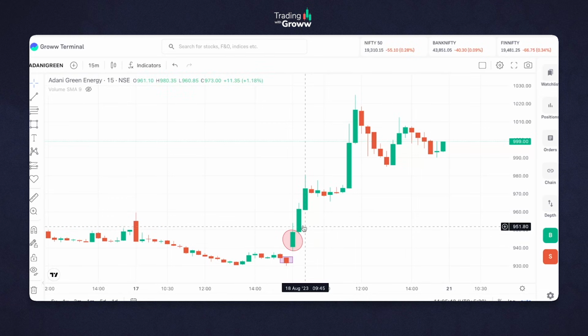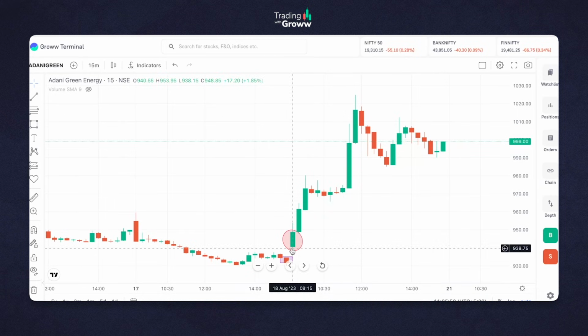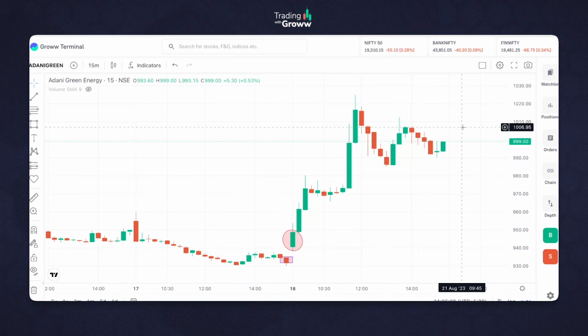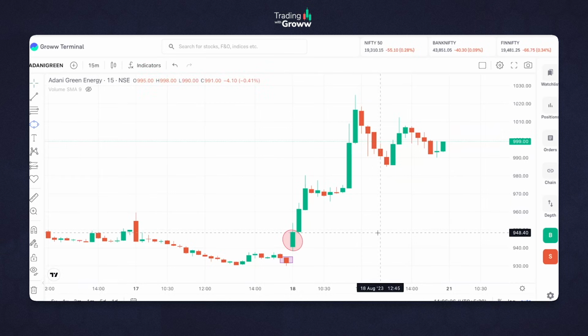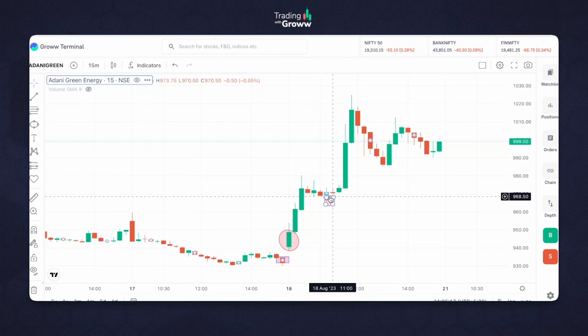And to your luck, the overall market was bullish and Adani Green started moving up, and currently it is trading around almost 1000 rupees. So you entered at 940 and currently it is trading at around 1000. As long as Adani moves up, as per our logic, we have to use previous swing lows as our stop loss. So the moment it crossed this level and started breaking out from here, we should have used the previous swing low, which is this zone, as our stop loss.